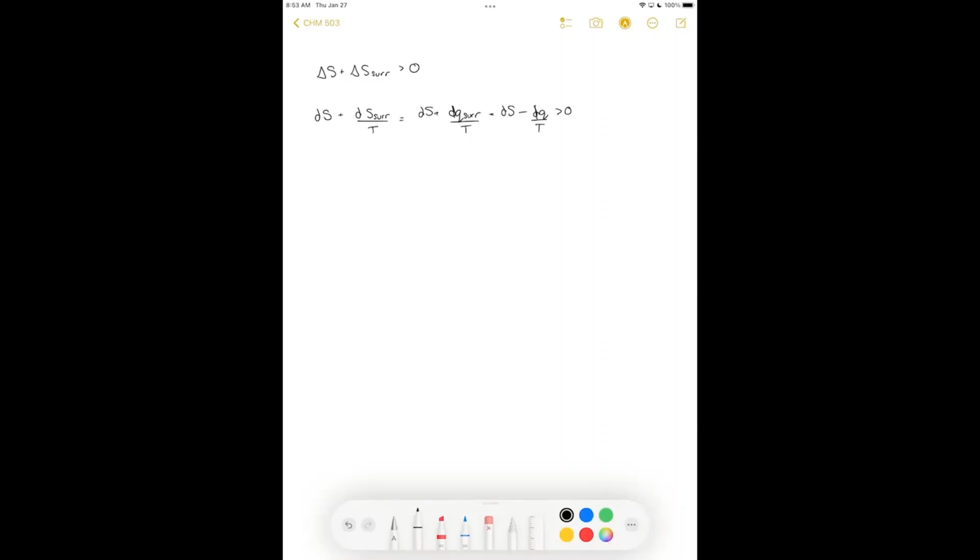If we multiply by T and add dq to the other side, we get T dS is greater than dq. And this is our Clausius inequality.